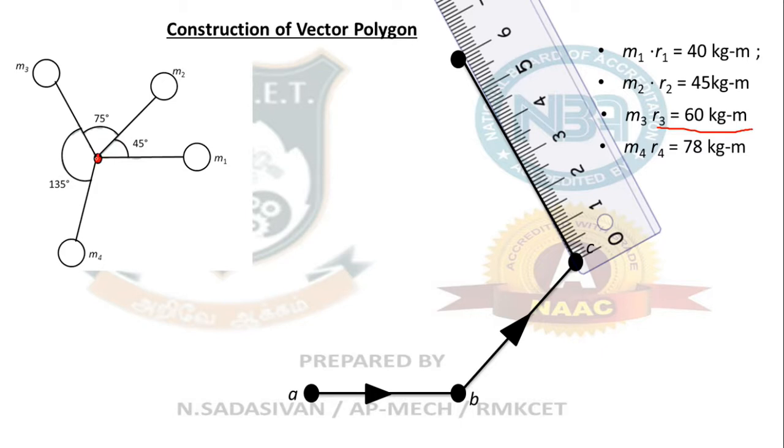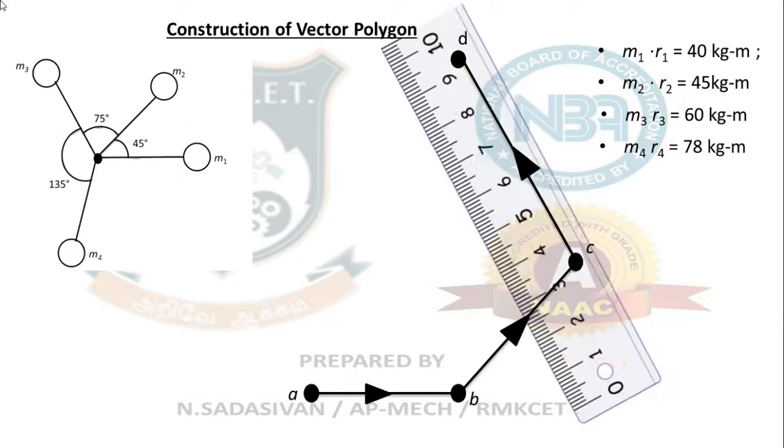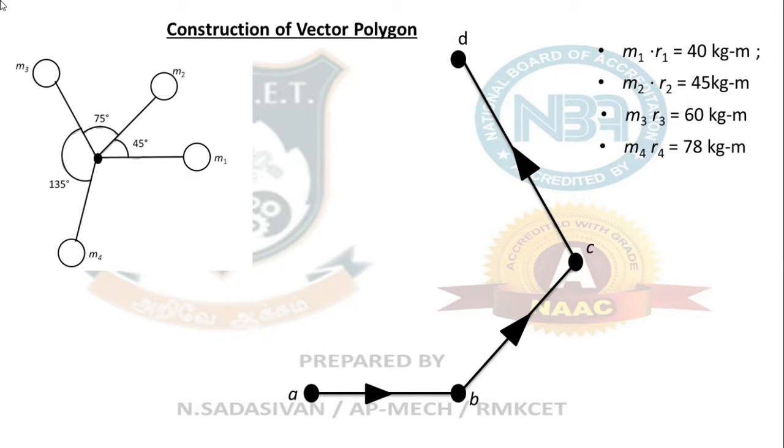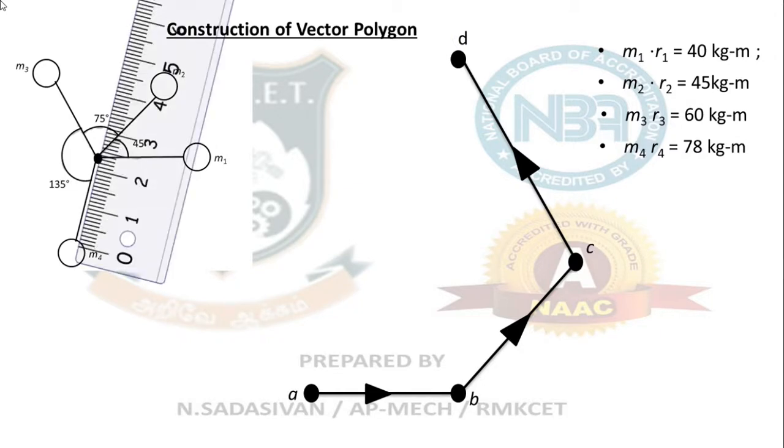Centrifugal force acts from the center towards the mass, outward pointing force. The same vector, I am just moving it here. It will be like this only, right? This vector is taken, I am just lifting the vector and placing it here. Okay. So therefore the arrow mark will be pointing upwards. It's point D.